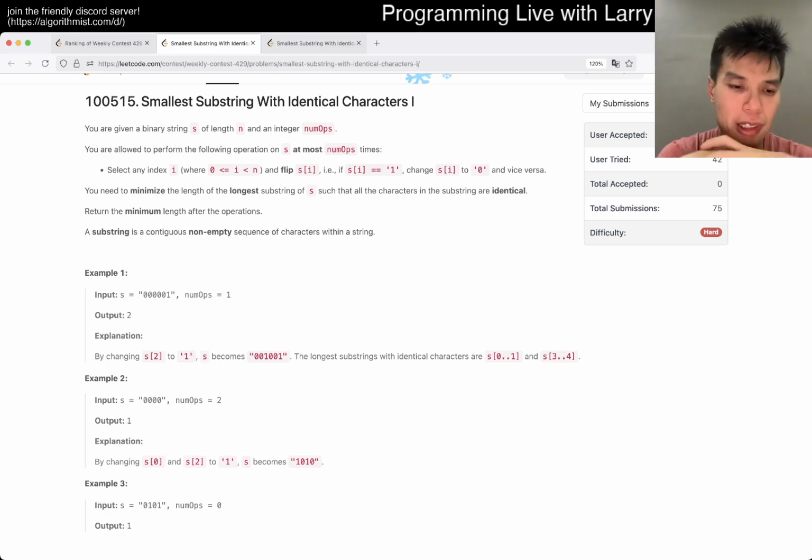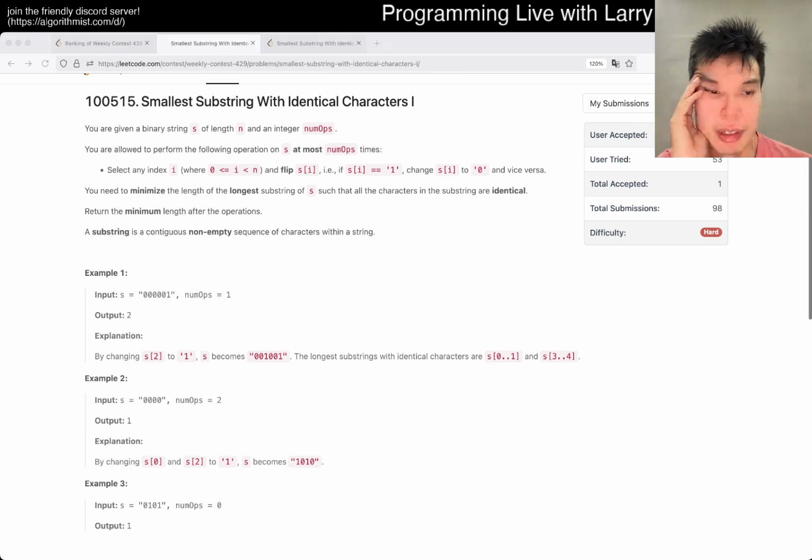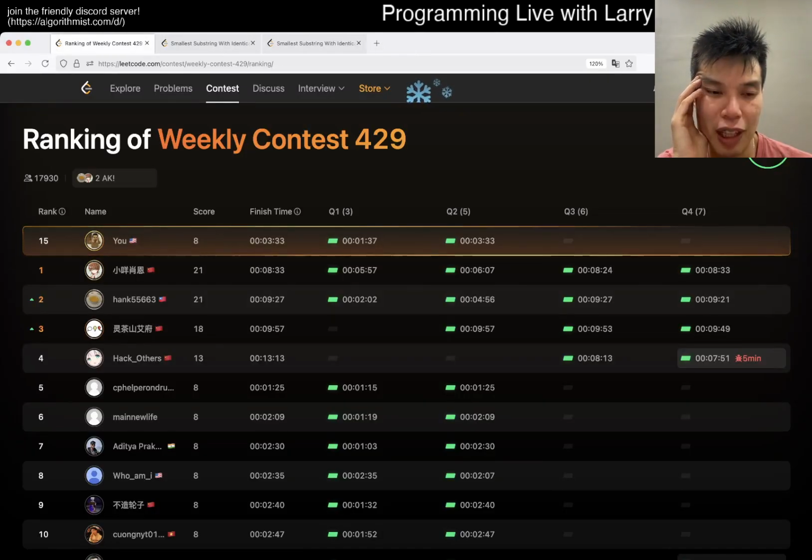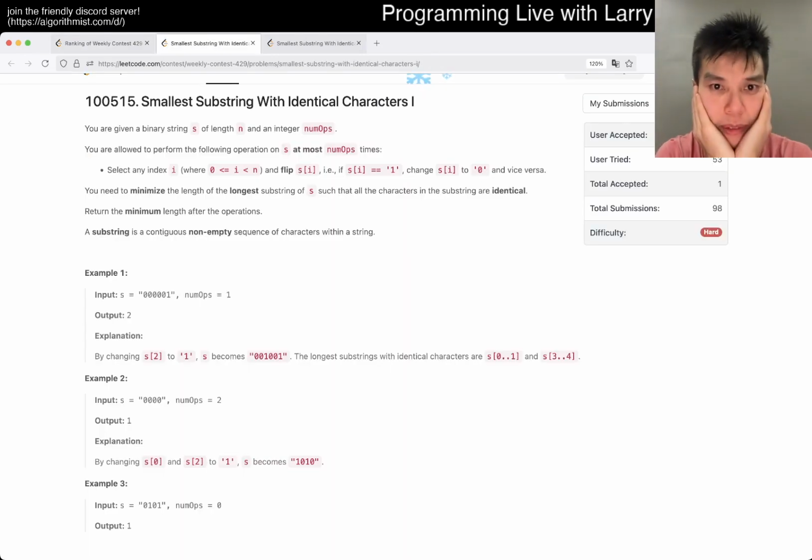Is there a way to separate the zeros and the ones? Can we take advantage of the fact that it's 0 and 1? There's two numbers. Oh, someone got it. Actually, a lot of people got it. Maybe they were just working on the hard one. Well done. I still don't have any idea, honestly. Maybe it is binary search.